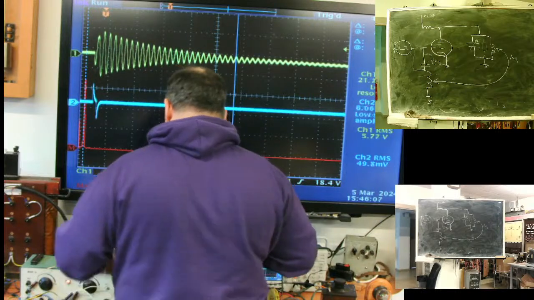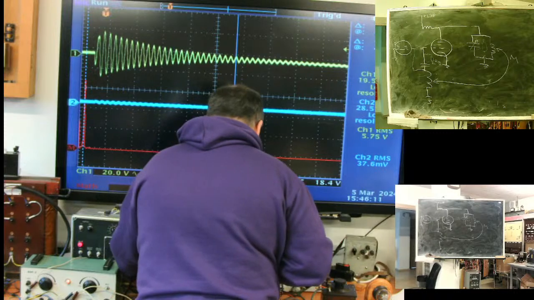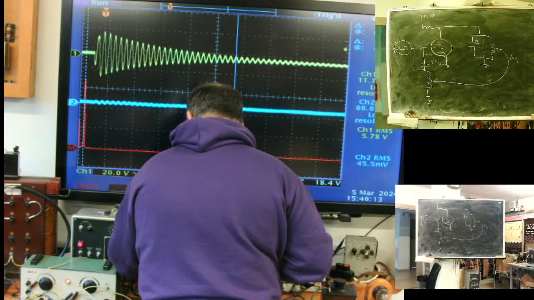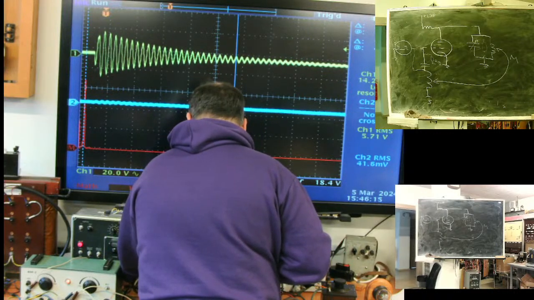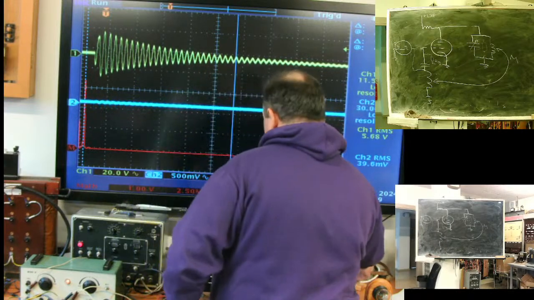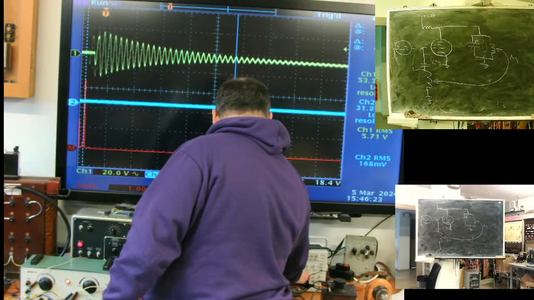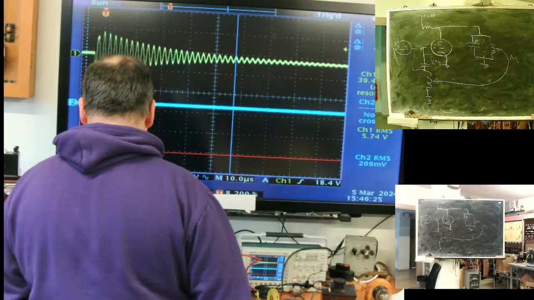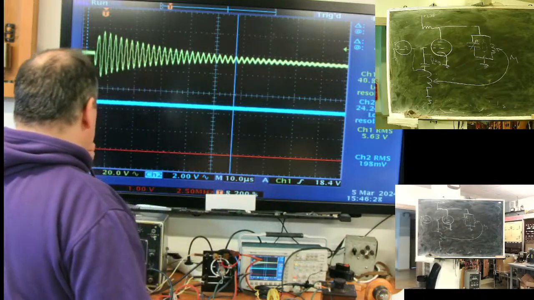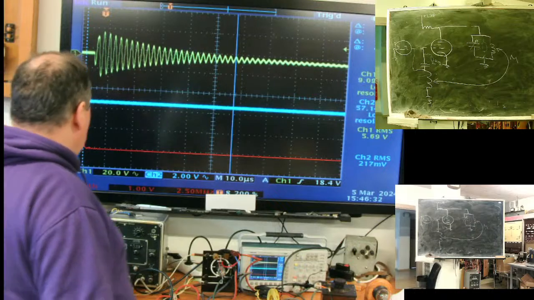But here I will have 50 volts. Okay, it's a 1 microsecond pulse. After each pulse, it's like ting, ting. My system oscillates.